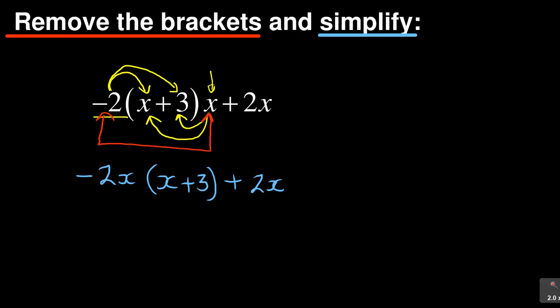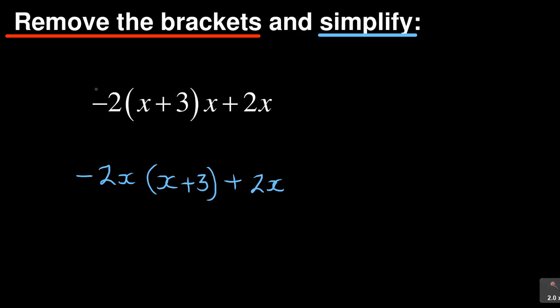You needed just to make sure that the parts you needed to bring into mind were this minus 2 and this x. They are all multiplying what is inside. Therefore, you can bring them together as minus 2x into x plus 3.